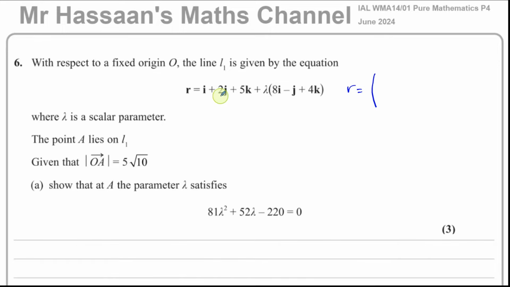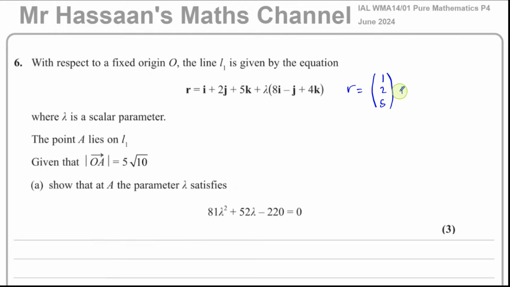So i plus 2j plus 5k is (1, 2, 5): i component, j component, k component. That part represents the position vector of a point on the line.